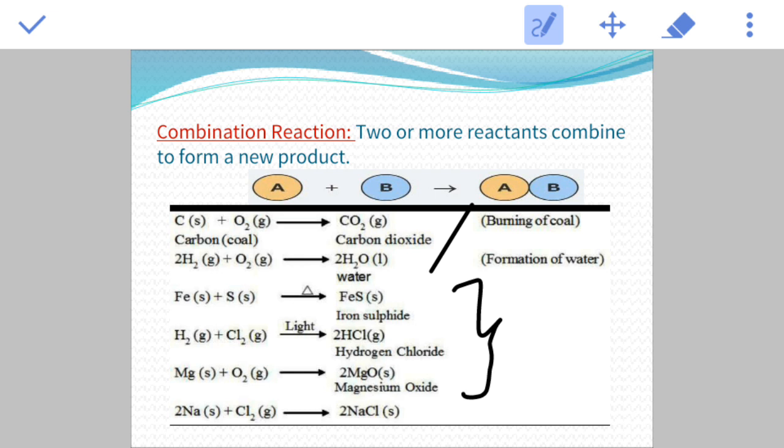Here the triangle symbol represents heat. And H2 and Cl2 react in the presence of light, and form hydrogen chloride gas.